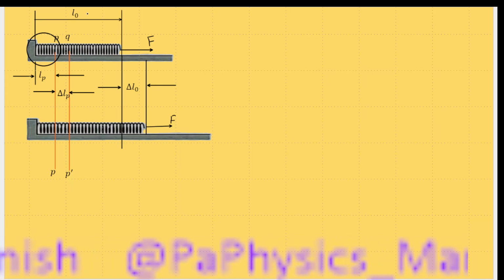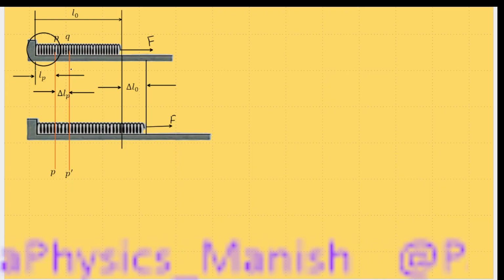The initial length is given as L0; the P-th turn is here, the Q-th turn is here.